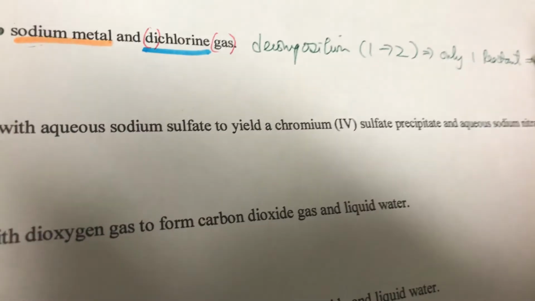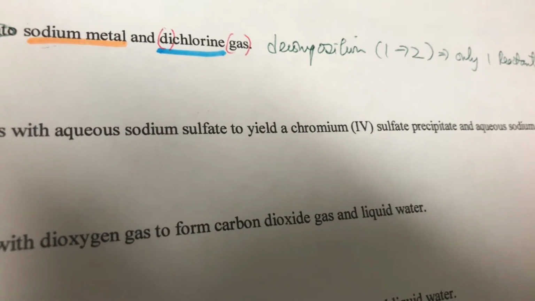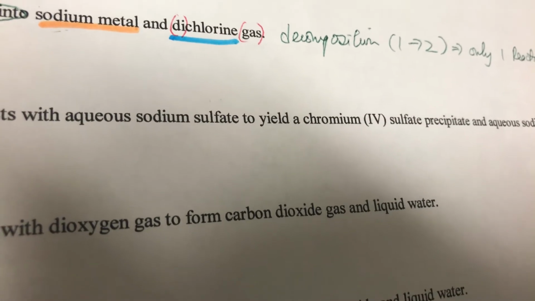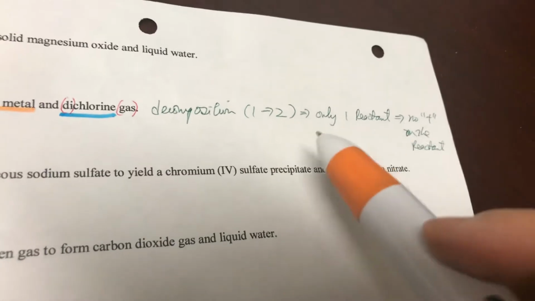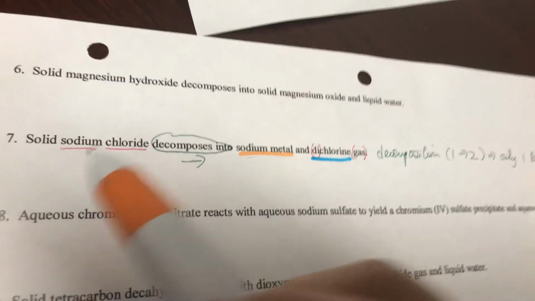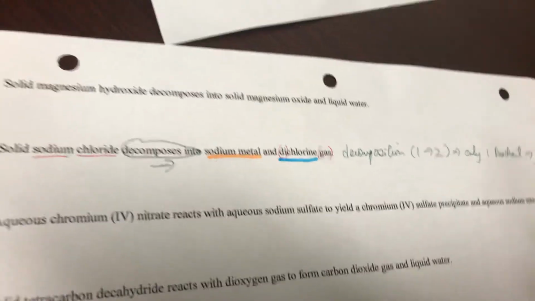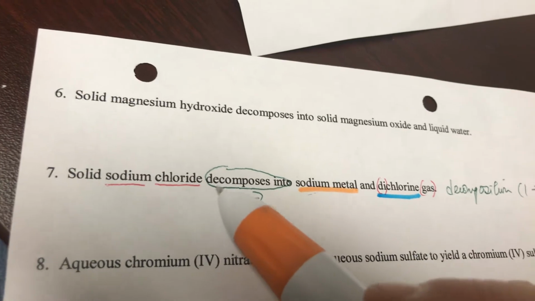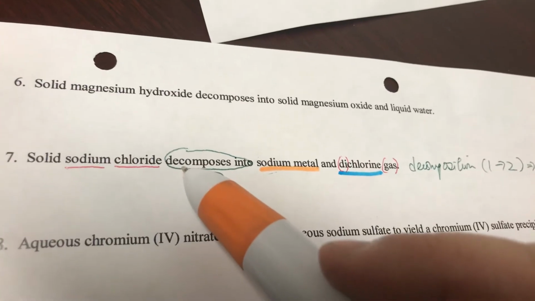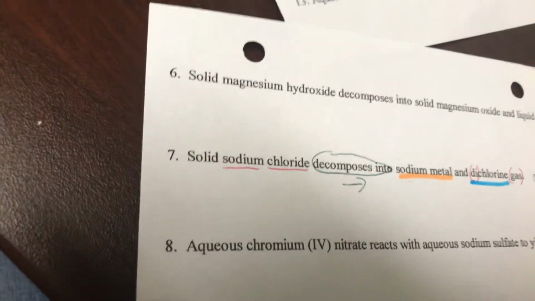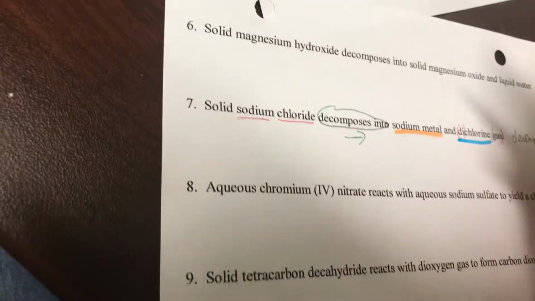So if I have only one reactant, you should not see the plus on the reactant side. Because I only have 1 in 2, don't put the plus right here. No plus.